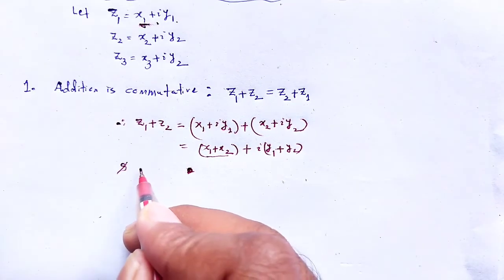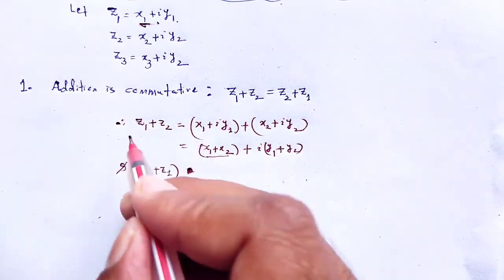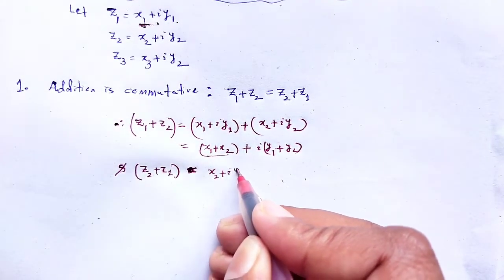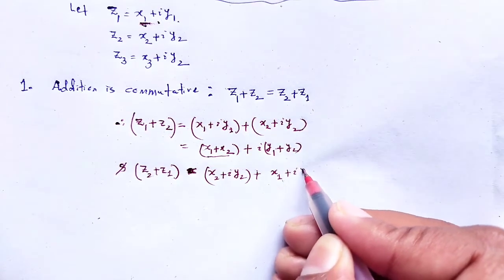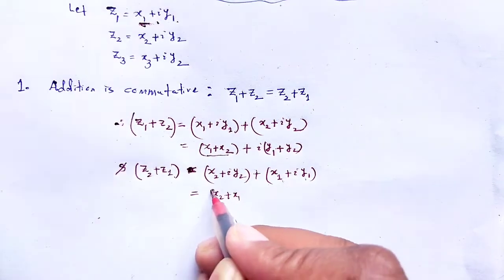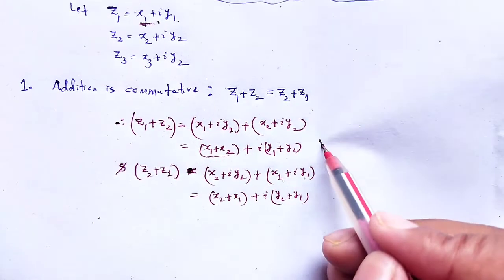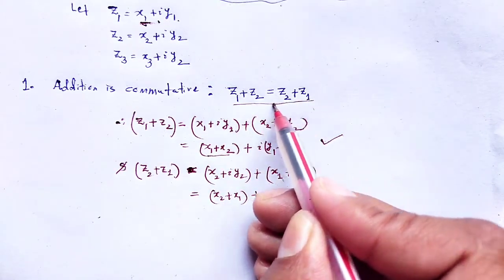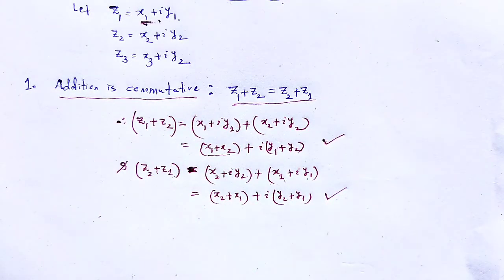And z2 plus z1 is written as x2 plus iy2 plus x1 plus iy1, so x2 plus x1 plus i times (y2 plus y1). So, that term is equal to this term. So, z1 plus z2 is equal to z2 plus z1. So, addition is commutative in the case of complex numbers.